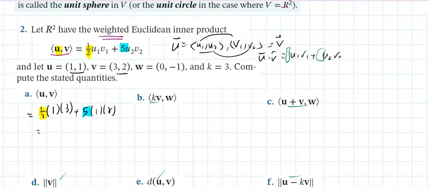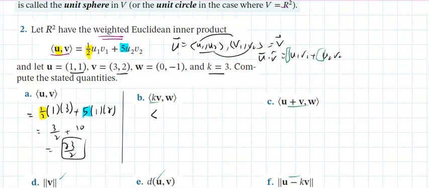And what that will be is 3/2 plus 10, that is 23 over 2. So as you see, the inner product is a scalar.